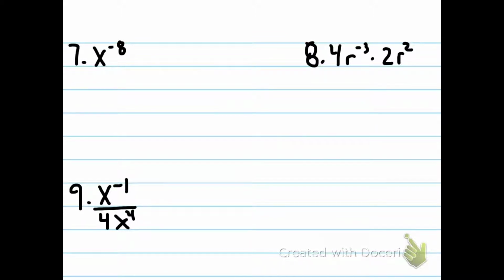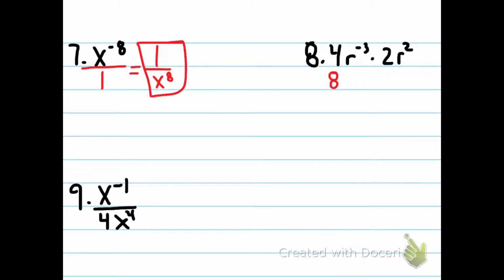So for number 7, remember to put it over the 1, and then you flip it so it's 1 over x to the 8th power. So your final answer is this. Hopefully you got that. For number 8, we first have to multiply, so 4 times 2 is 8.